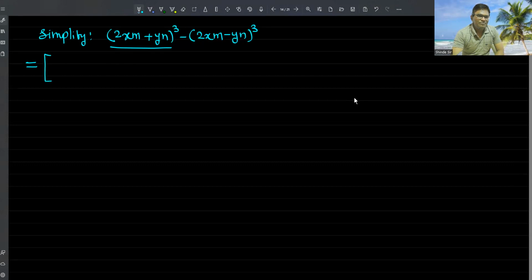the cube of first term, and in the first bracket we have 2xm as the first term. Then the cube of first term will be 8x cube m cube, then plus 3 times the square of first term, and the square of first term is 4x square m square, into second term, that is yn, or you can write ny.